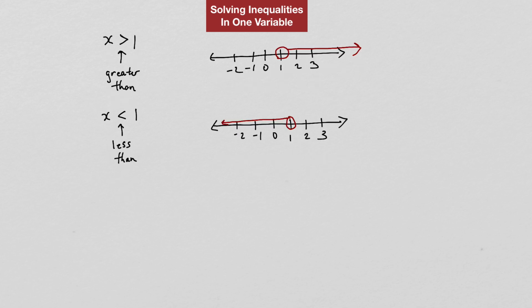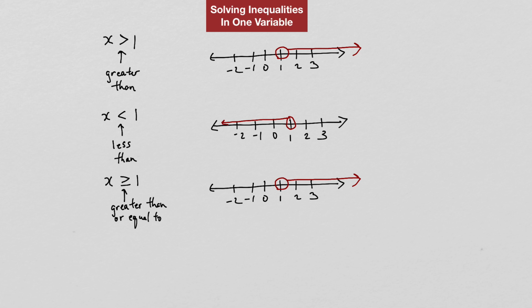Then the third type is, let's say we have x is greater than or equal to 1. This would look like the following on the number line.